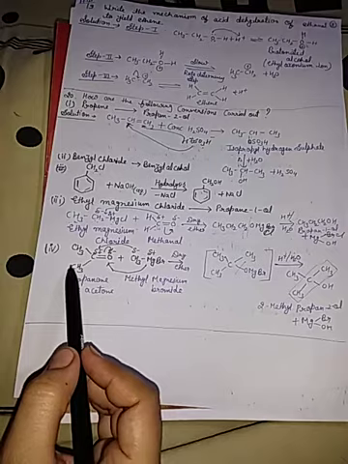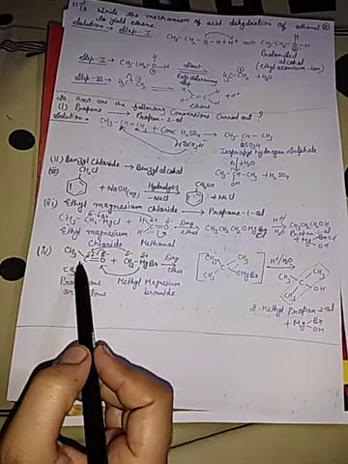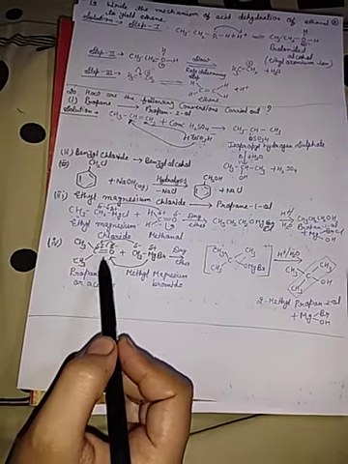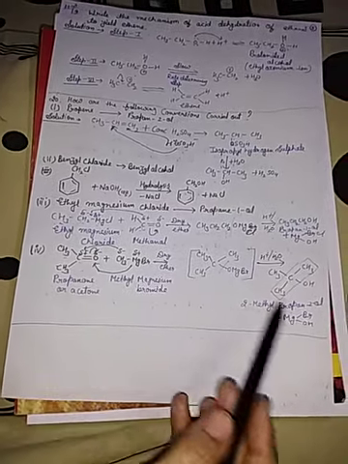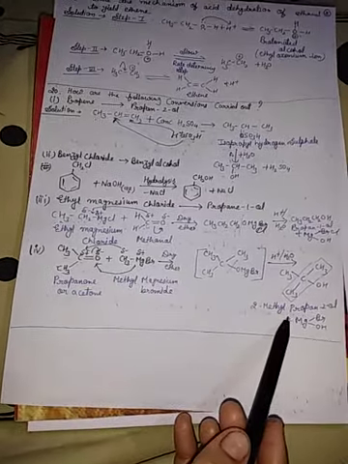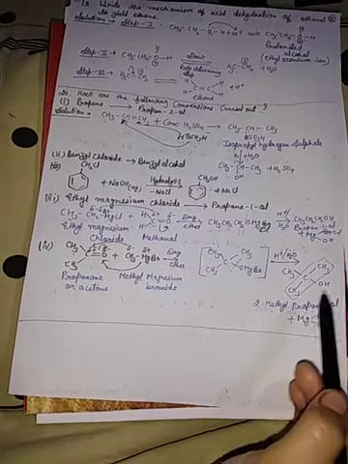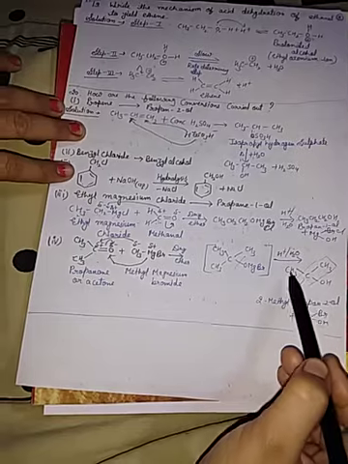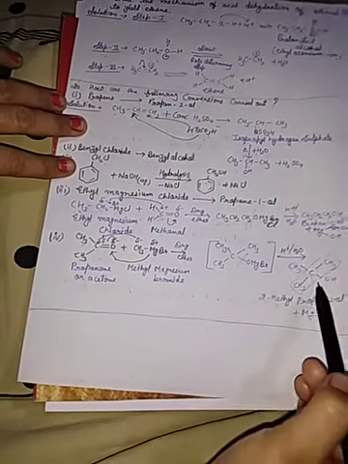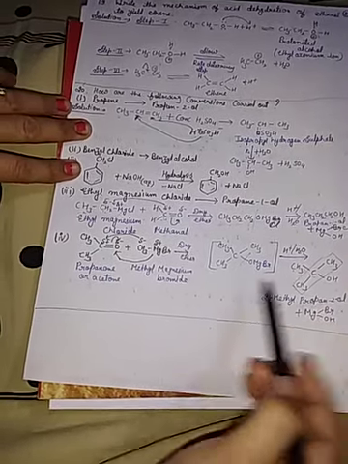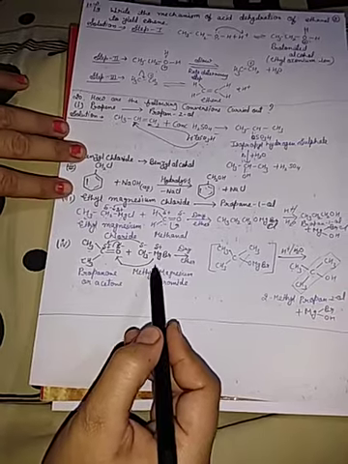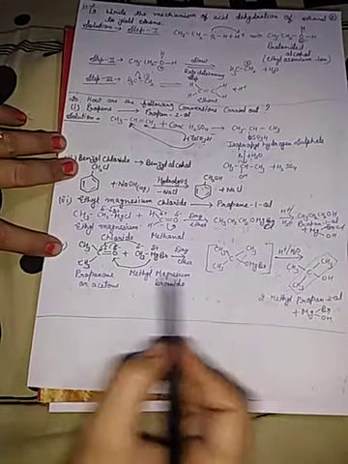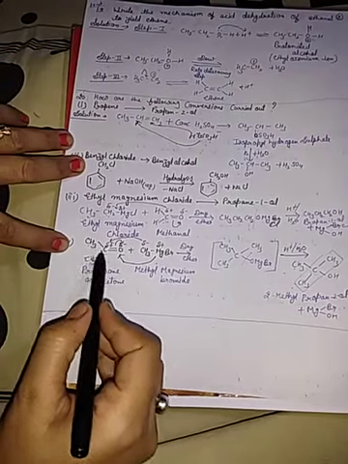Then the fourth question is CH3COCH3, propanone, converted into 2-methylpropan-2-ol. 2-methyl means propane 1, 2, 3, with a methyl group CH3 on the second carbon and OH. First we react with a Grignard reagent. Here we see 4 carbons in the product and 3 in propanone.